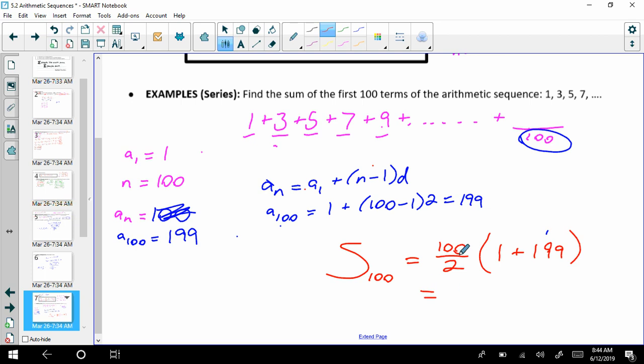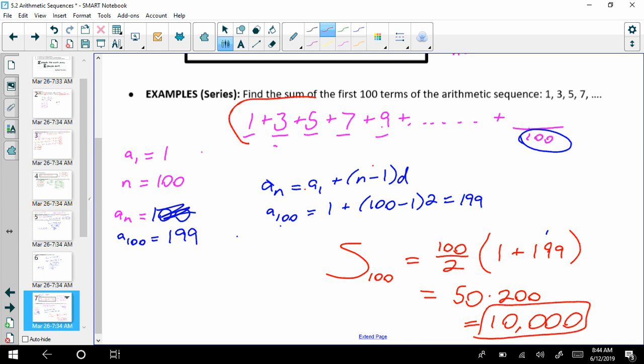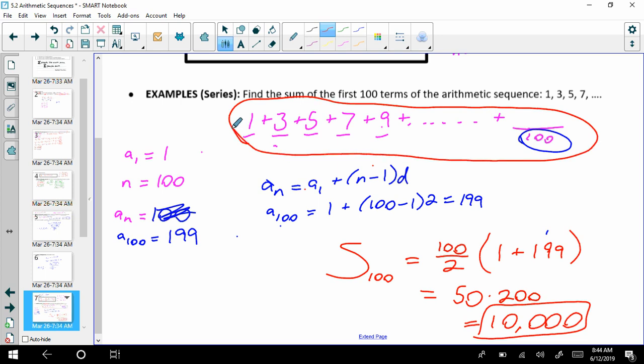So if I simplify this, that's 50 times 200. I will get my answer. And it comes out to 10,000. So what does that answer represent? Well, if I added up all 100 numbers, they would total to 10,000.